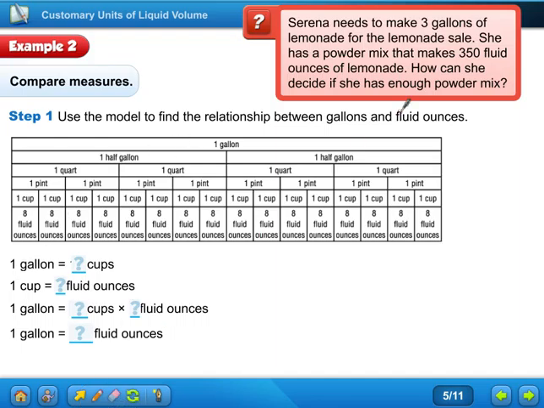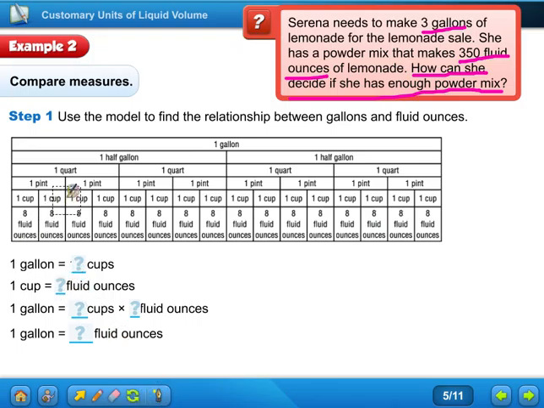Let's underline first. She needs to make 3 gallons. She has a powder mix that makes 350 fluid ounces.